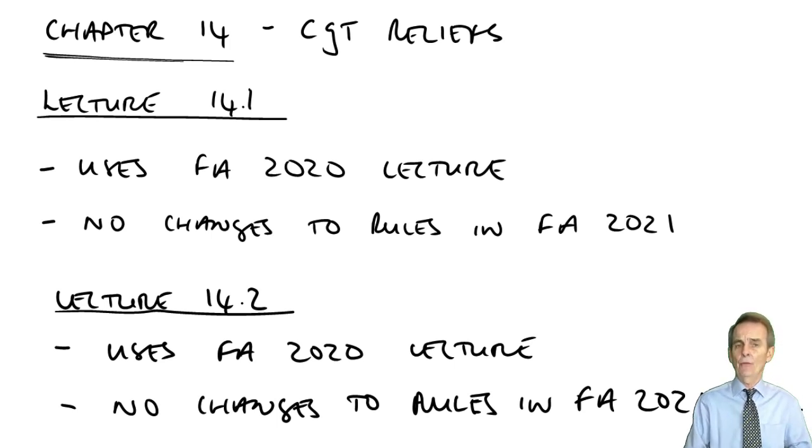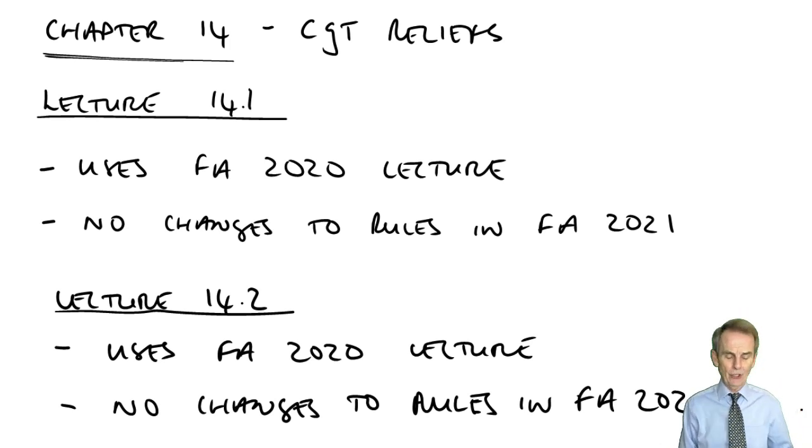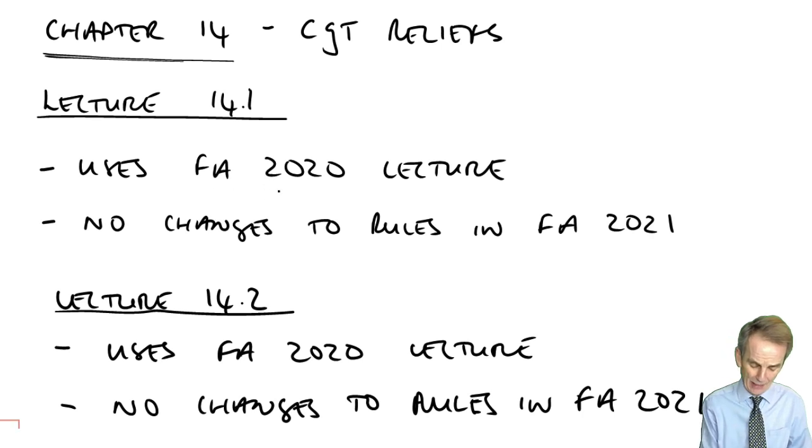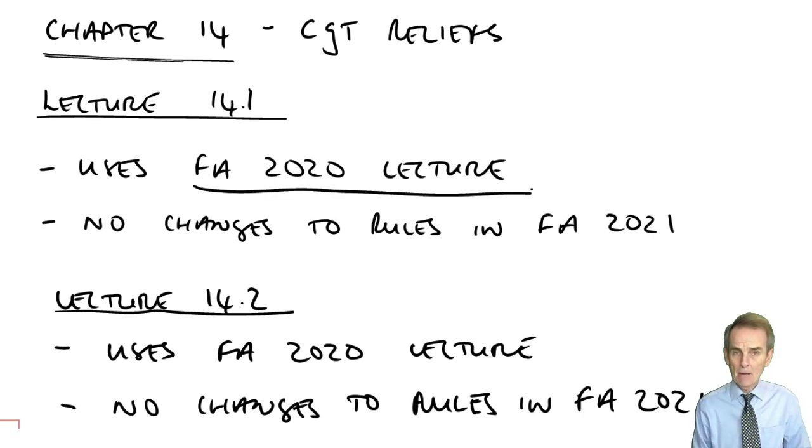But the nature of the relief is different. I won't preempt that start to the lecture, but we'll have a discussion of the different types to give you an understanding of what these reliefs do, the nature of the different reliefs that we need to come to terms with.